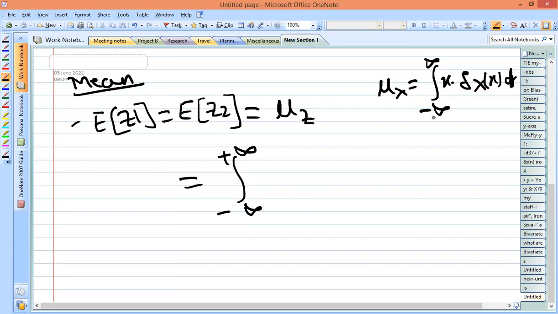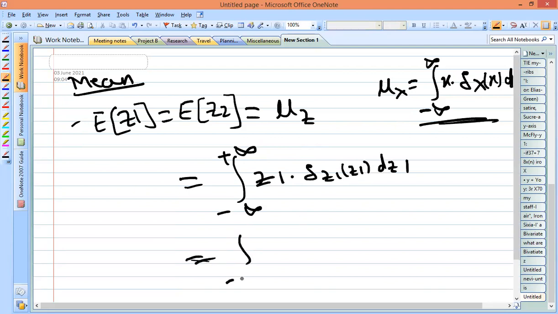You might remember this equation to calculate the mean. Using the same concept, we are going to write the equation for the Gaussian random variable, which can be written as z1 into fZ1 of z1 into dz1.